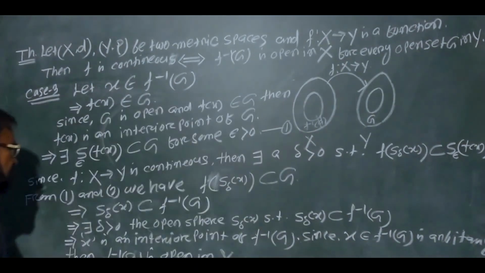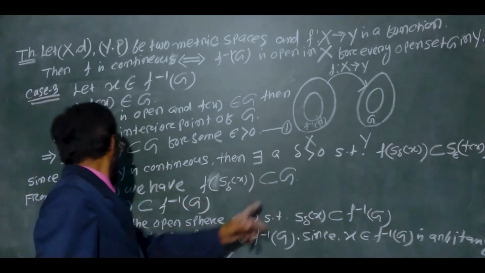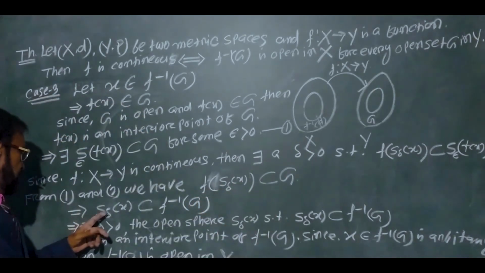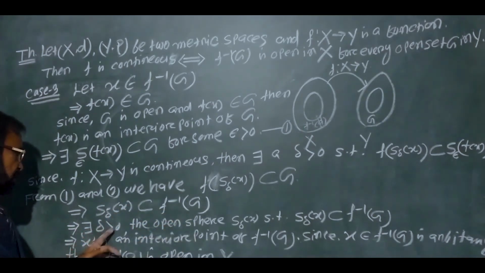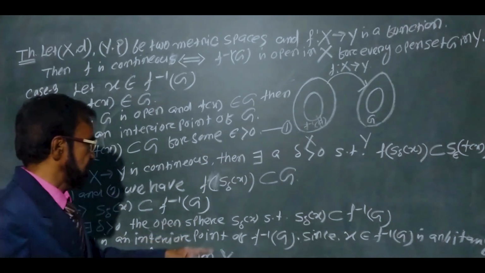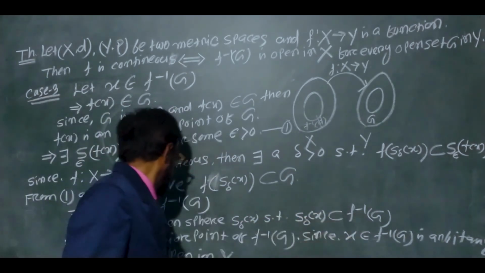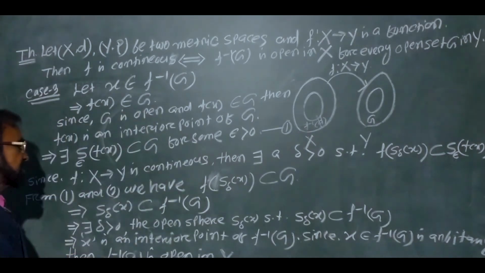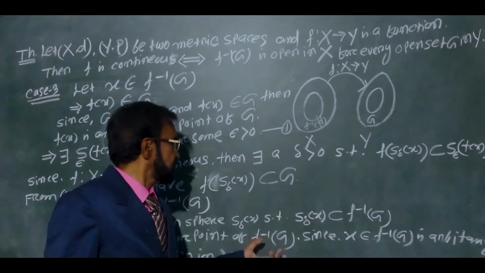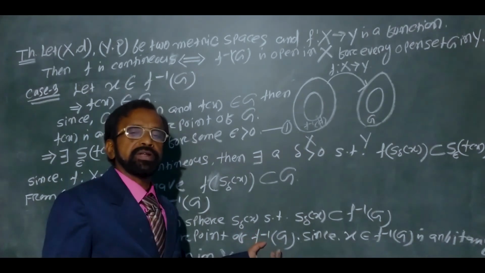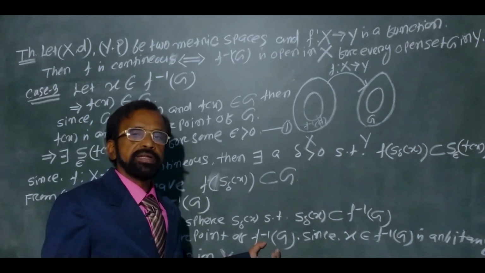From equation 1 and 2 we have f of S_delta(x) is a subset of G, which implies S_delta(x) is a subset of f inverse G. There exists delta greater than 0, the open sphere S_delta(x), such that S_delta(x) is a subset of f inverse G, which implies x is an interior point of f inverse G. Since x belonging to f inverse G is arbitrary, each element of f inverse G is an interior point.